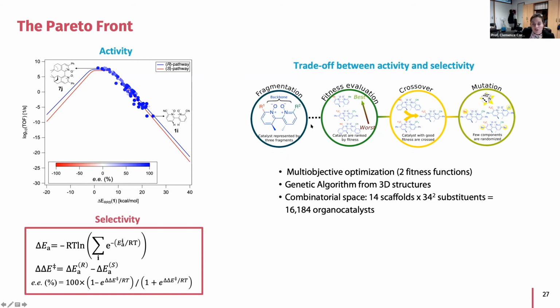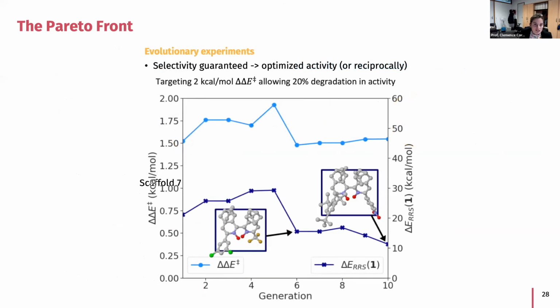So the combinatorial space that we covered was 14 scaffolds times 34 substituents times 2, so it's also quite large. And again, we can build our different chromosomes, do crossover and mutation, and select the criterion that we want to decide what we want to prioritize, a bit more selectivity or a bit more activity, so you can play with the optimization.